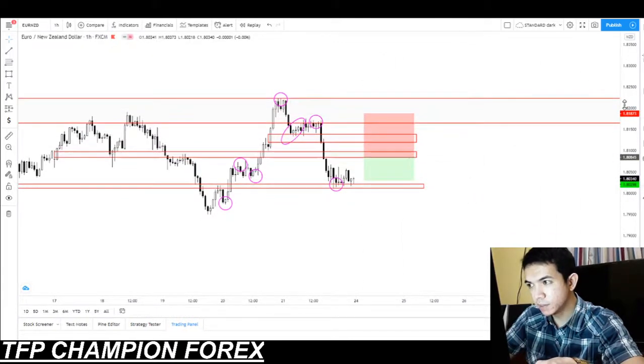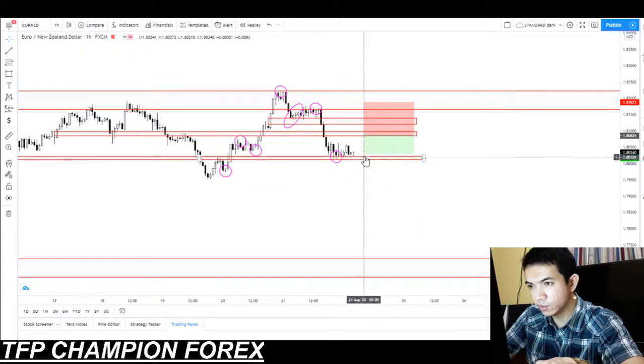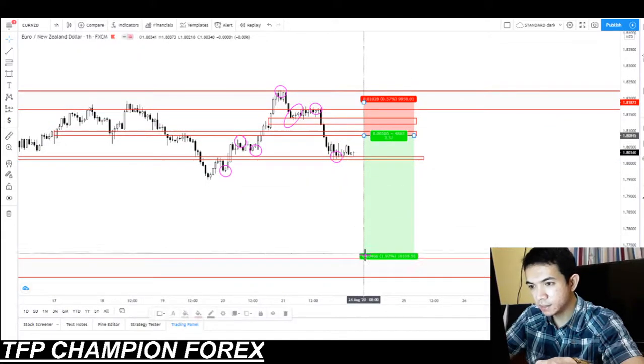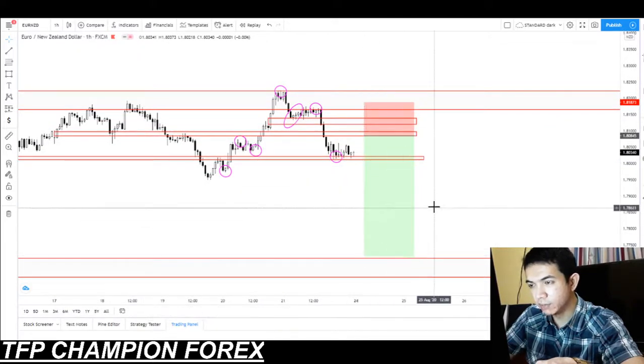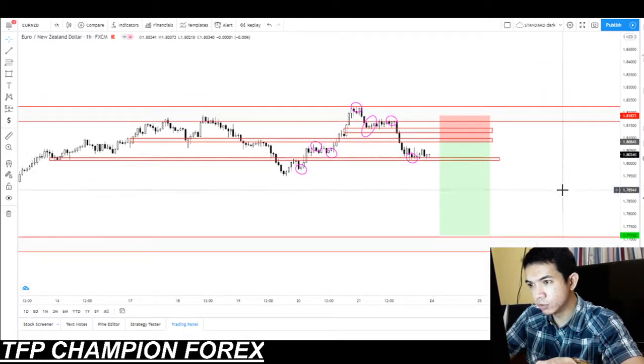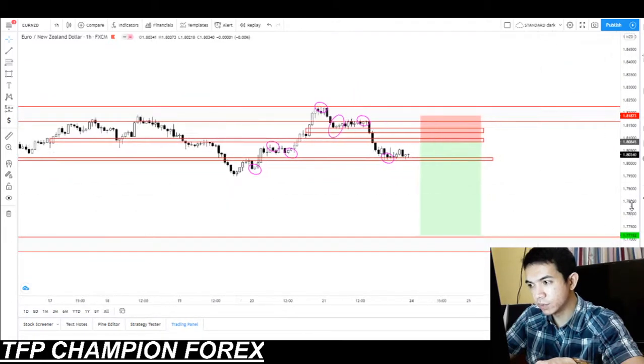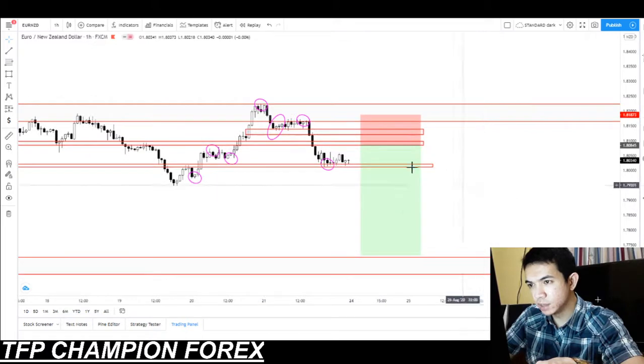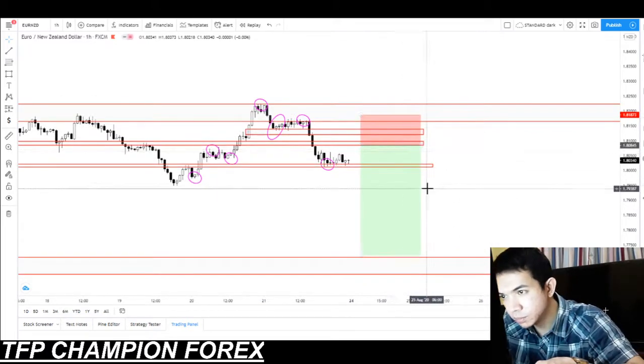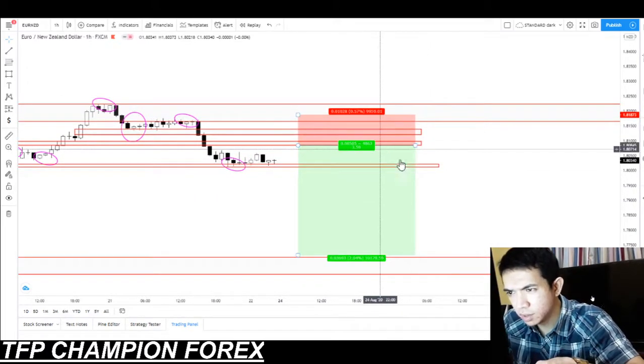Where is my take profit? My take profit will be at the daily level key significant support right here. So we can say now that our risk to reward ratio becomes what?